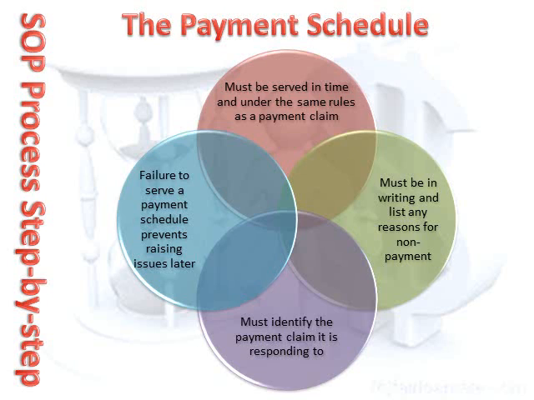It is better to list a reason you might want to rely on in the adjudication than not list a reason that you may then want to rely on later. If you fail to serve a payment schedule, then you may not put in an adjudication response.